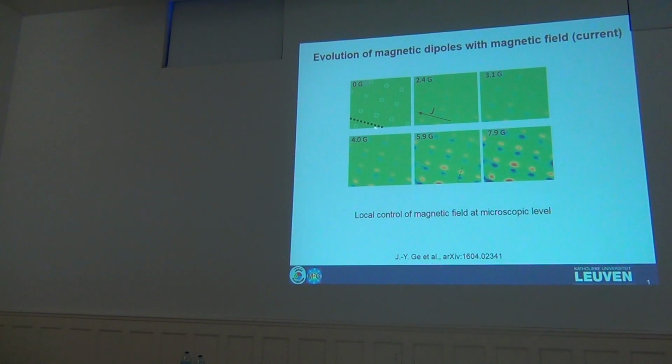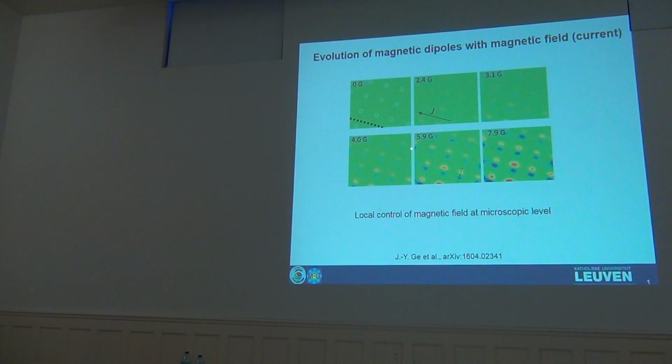So this is zero external magnetic field, this is the sample boundary, and this is the direction of the Meissner current, so it flows parallel to the sample boundary, and here you see emerging vortex, antivortex, vortex, antivortex. And they are dying out as you go deeper into the superconductor, because there the Meissner current is weaker.